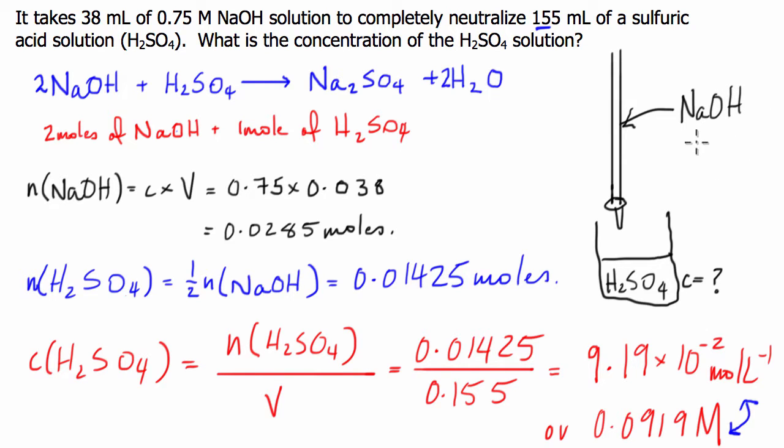And the concentration is known. The number of moles is known as well. So what we can do is use our knowledge of the reaction between sodium hydroxide and H2SO4 to, if we know these two things, solve for this using the number of moles of H2SO4 and then the volume of it, because the volume of this is known. So basically what we do is we use the characteristics of all of the known substances to infer what we don't know. We know it's H2SO4, but we don't know what strength it is.